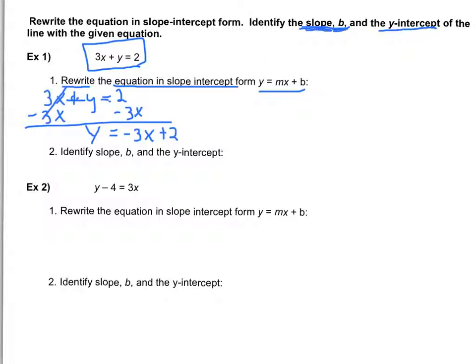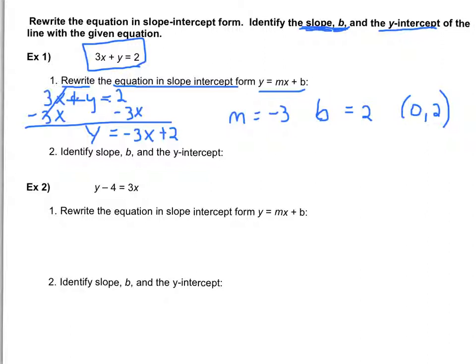Now I have it in this form, y equals mx plus b, so I know that my slope is going to be the number that's with the x. So my slope is m, and that's going to be negative 3. And then my y-intercept is going to be this b right here. So then my y-intercept, which I'll call b, is going to be 2. And the y-intercept would be where x is 0 and y is 2.